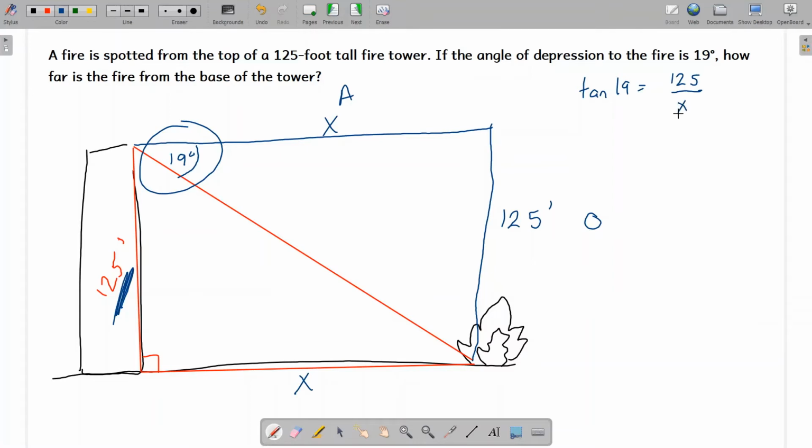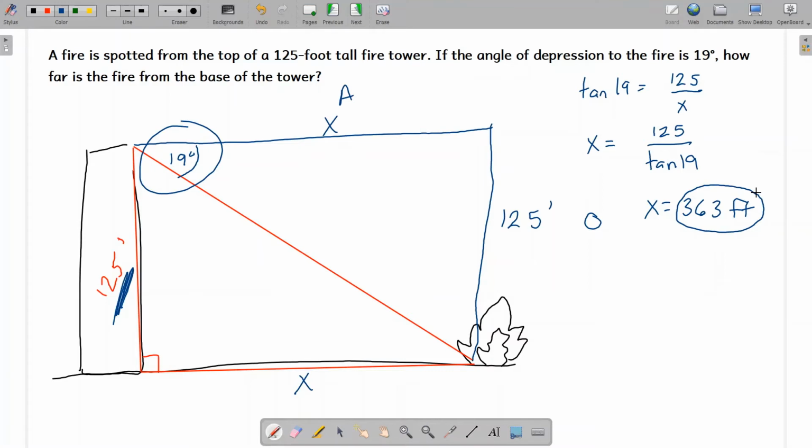Now, you've probably noticed when we get in this situation, I multiply by x, I divide by tan, so they really just flip spots here. So x is equal to 125 divided by tan of 19. And let's calculate that here. Okay, that gives us 363 feet. So that's how far away the fire is from the base of the fire tower.